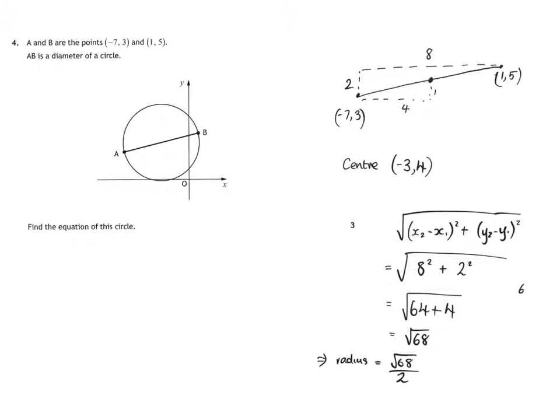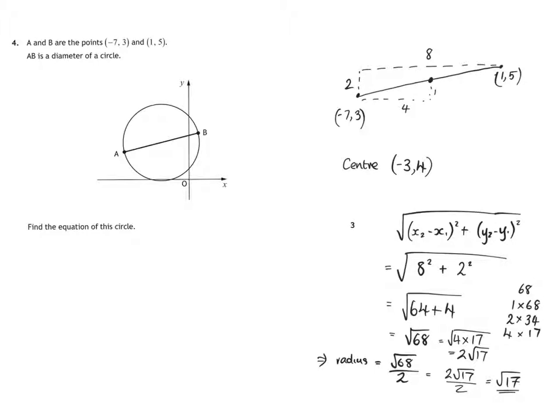So we have 1 times 68, or 2 and 34, which doesn't help us. 4 and 17, that is going to help us. So that is the square root of 4 times 17, so 2 root 17. So the radius is 2 root 17 over 2, which just gives us the square root of 17 as the radius.